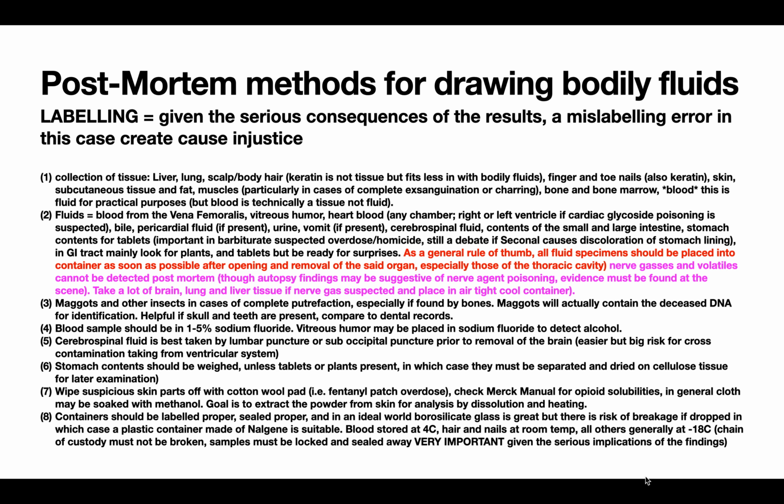In cases of complete putrefaction, maggots eat the body, and actually the deceased's DNA is found in the maggots. Skull and teeth are very helpful to compare dental records, and the skull can give a better idea of the patient's known facial morphology.